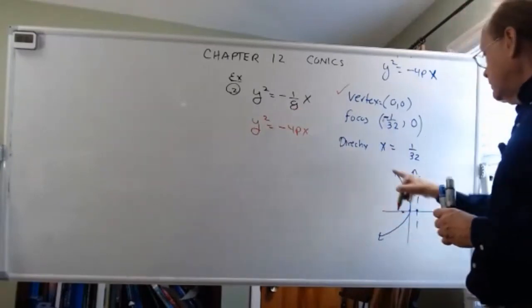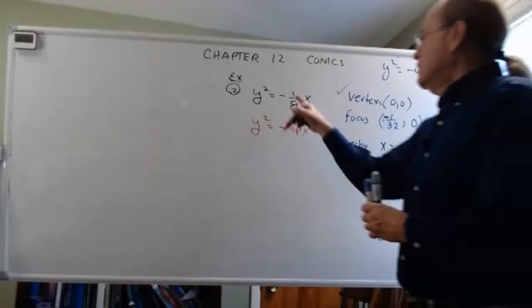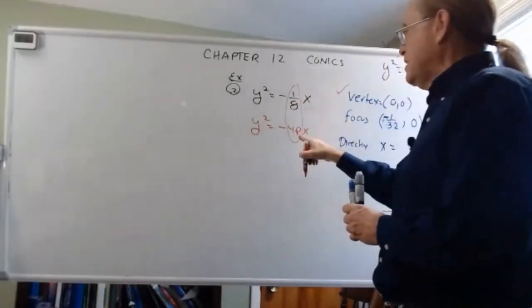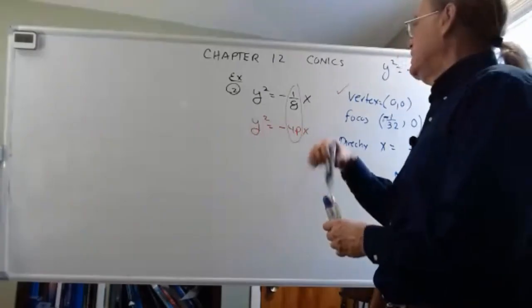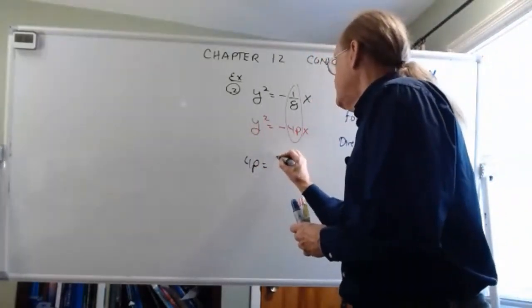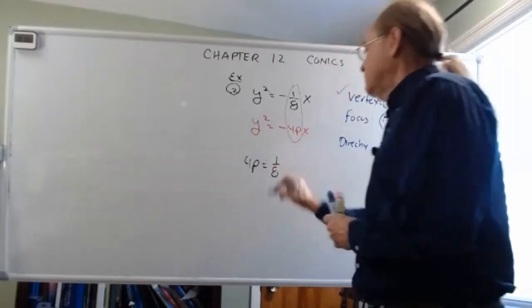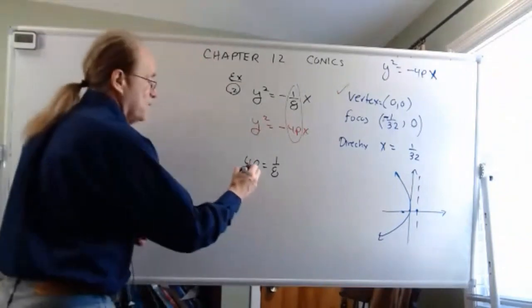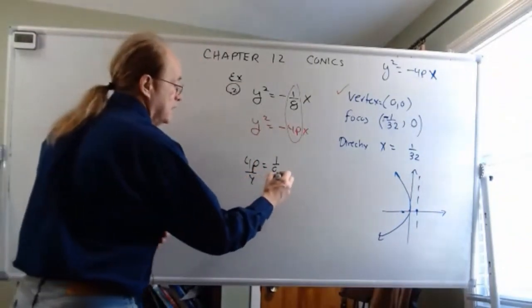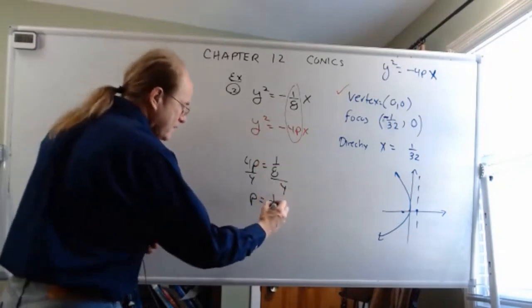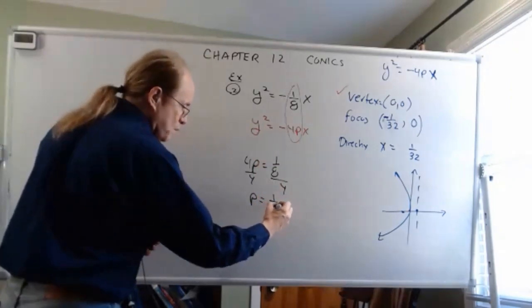Because it's negative, I know that it's a parabola that goes this way. So over here, I make the connection that 4p, that's my primary thing, is finding p. So it tells me 4 times p is equal to 1 over 8. I want to solve that for p, so I divide both sides by 4. And that gives me p equal to 1 over 8 times 4, which is 1/32.